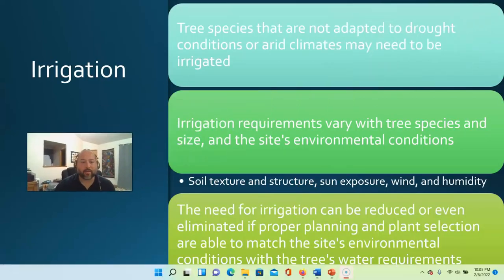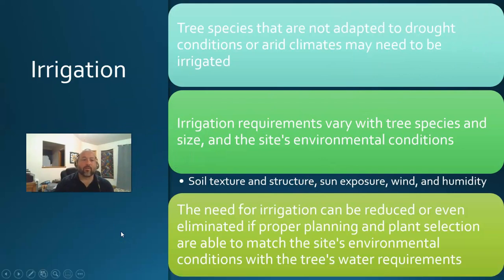Move myself out of the way here. So, irrigation, because we said that's going to be important, and it is pretty crucial for a lot of areas, especially your arid areas. There are definitely tree species that are adapted to drought-like conditions, and there are definitely tree species that aren't adapted to drought-like conditions.